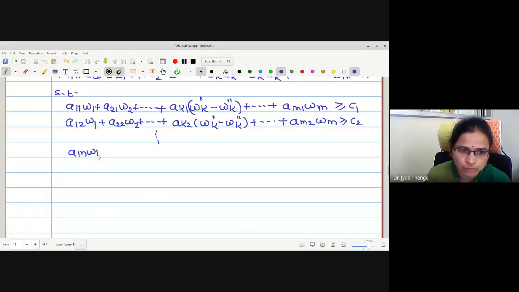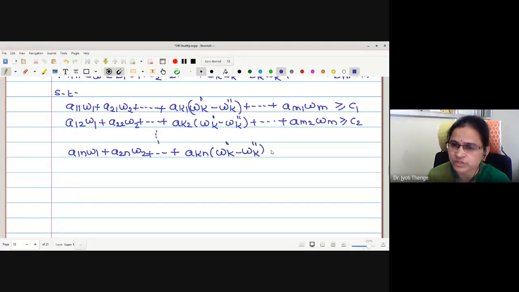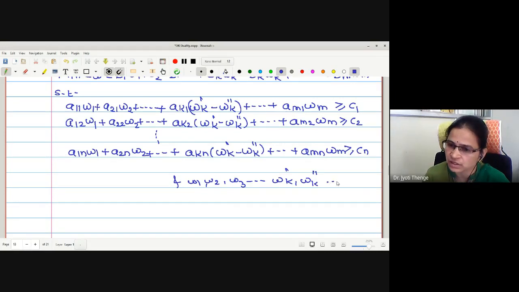A1N W1, A2N W2, and so on, AKN times WK dash minus WK double dash, plus AMN WM greater or equal to CN. Correct? And all the variables W1, W2, W3, WK dash, WK double dash till WM are non-negative.